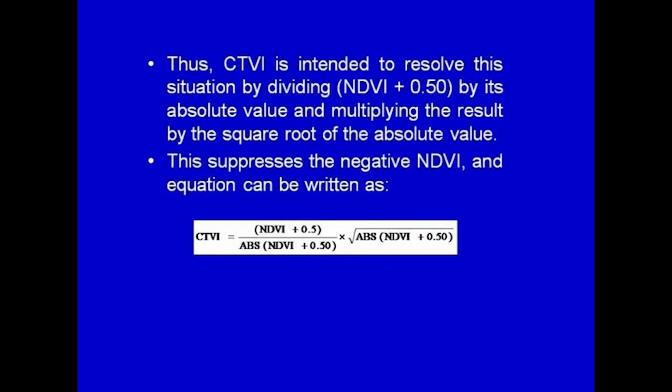This suppresses the negative NDVI, and the equation of the same can be written as shown below. CTVI is nothing but the ratio of NDVI plus 0.5 divided by the absolute value of NDVI plus 0.5, multiplied by the square root of the same.